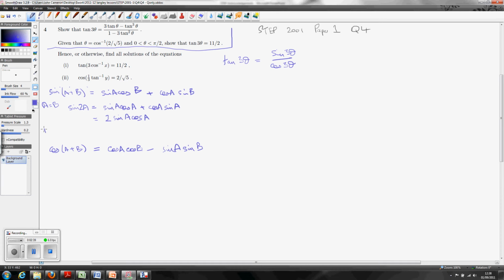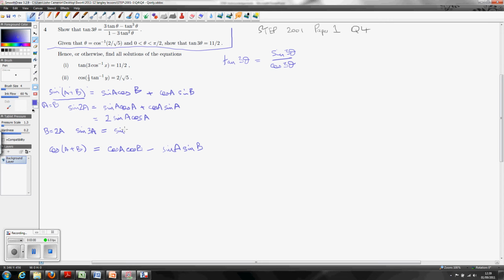Now I want to do something similar, but this time B equals 2A. If I substitute B equals 2A into this formula here, I will have sine of 3A, and this is what I want over here, sine 3 theta.